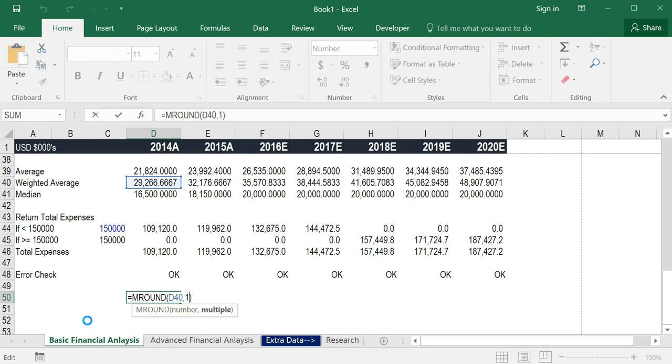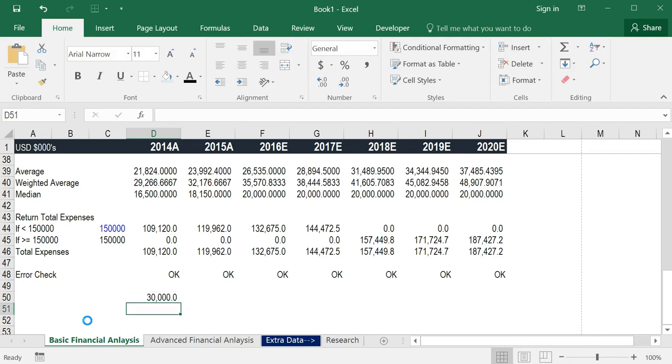And we could also make it even bigger. If we went as big as the nearest 100,000, then you see we'd get 0, of course, because it rounds it all the way down. So depending on what you want, if the nearest 10,000, then we get 30,000 as an output. So this can be very useful if you want to take some numbers and make them round for either output or for calculation purposes.